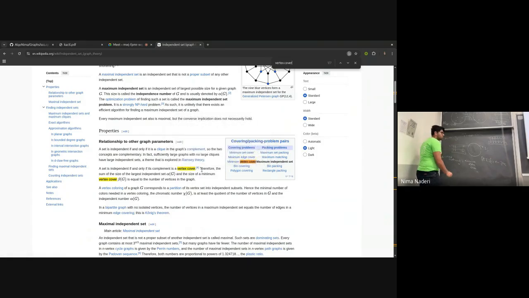Oh wait, they're complements, so they would solve the same problem. Minimum vertex cover is a complement of maximum independent set. So, what's the relation in a mathematical sense?